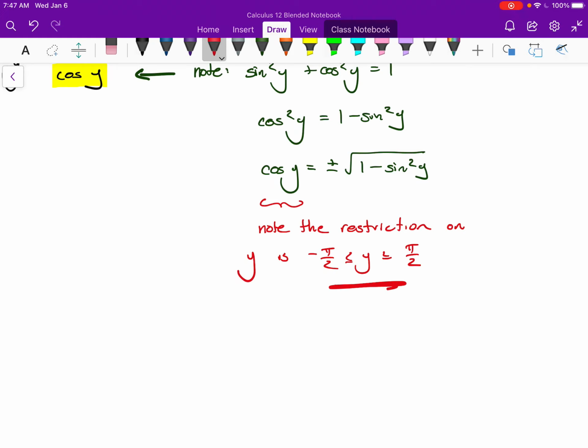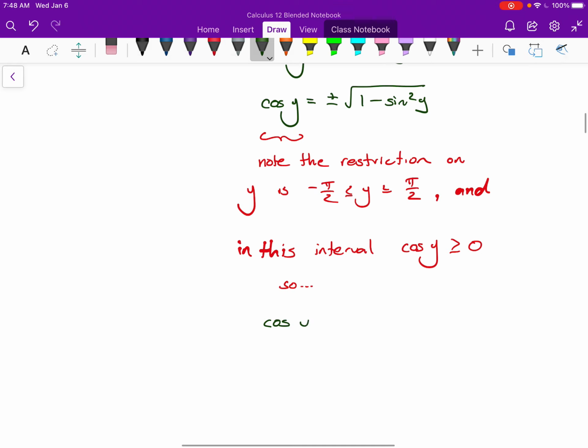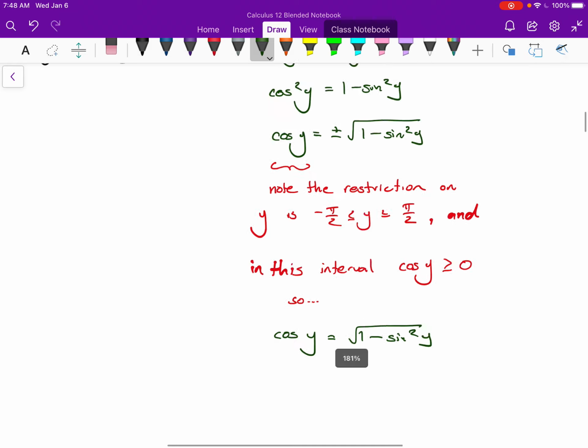In those two quadrants, cosine is always positive. So I can rewrite this expression up here as cos y equals just the positive square root of 1 minus sine squared y.